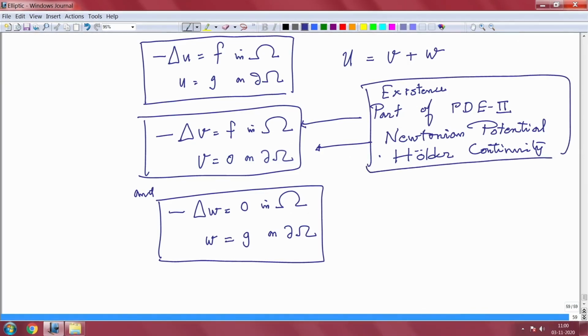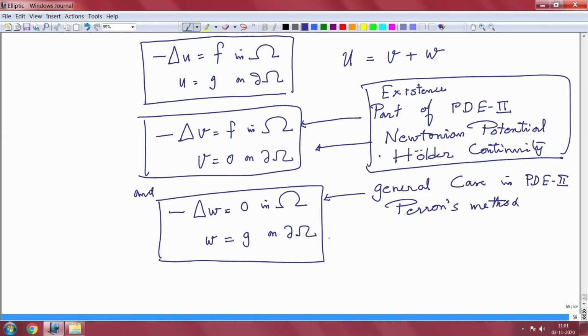That is the main part that remains, which we will do for the general case in PDE 2, the general domain. That is, we prove the existence by what is called Perron's method. In Perron's method, you have to introduce more general super and sub solutions, and there are some difficulties. You have to introduce the regularity of the domain and all that.